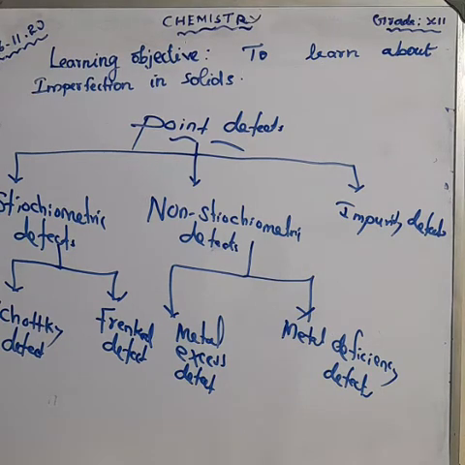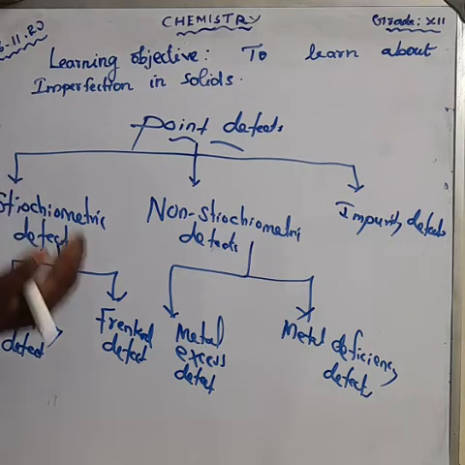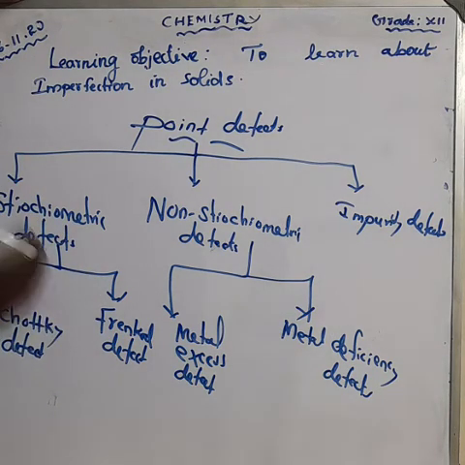The stoichiometric defect is again classified into two types: Schottky defect and Frenkel defect. What is the Schottky defect? I already told you. The Schottky defect is a missing of ions. Some of the ions are missing. Both cations and anions are missing from the crystal lattice.